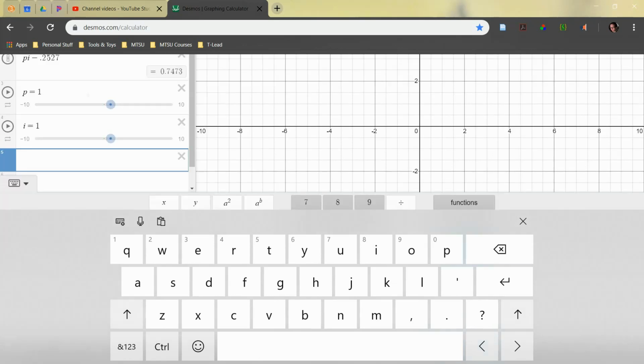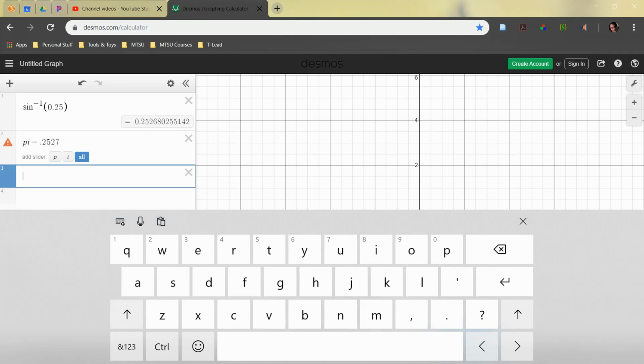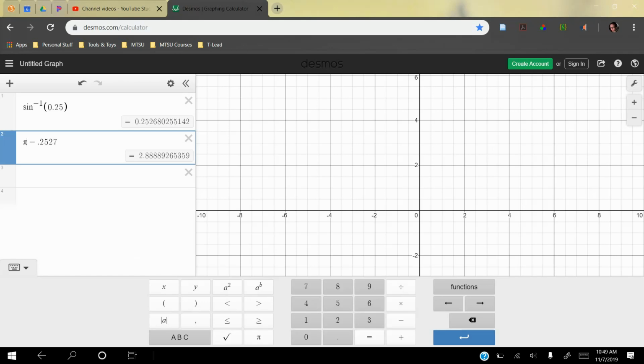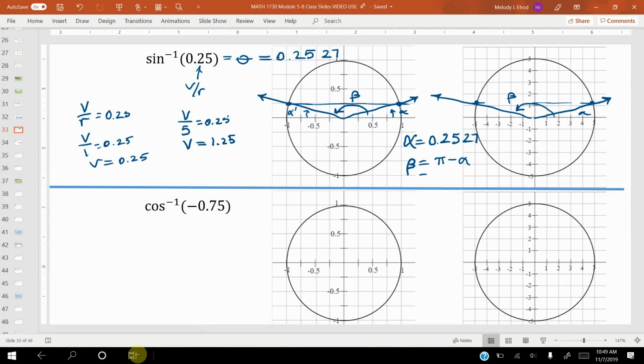There we go. Okay, so pi minus 0.2527 is 2.8889. So that's what's happening here.